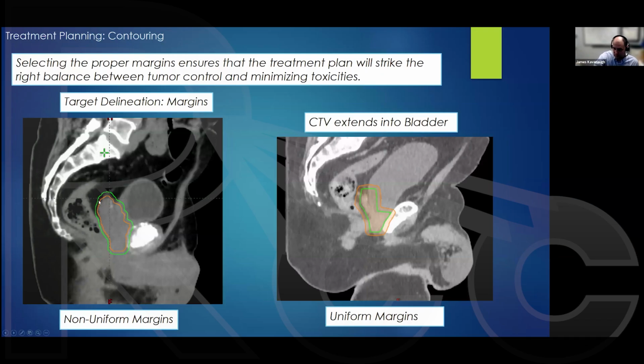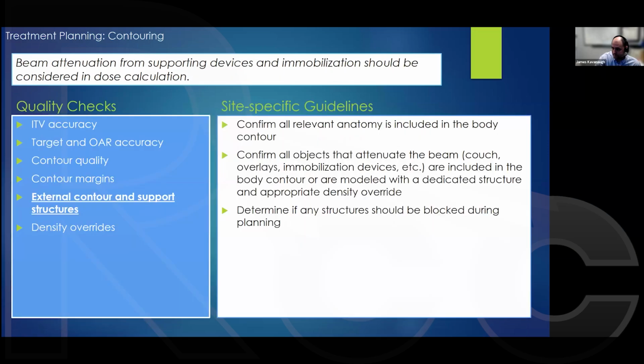In fact, in this case, it was only posterior that was a reduced margin, a thinner margin going from that orange CTV to the green PTV, a little bit larger margin in all other directions. You can have uniform margins though. This is the prostate bed, where it was 5 mm in all directions. So knowing what that should be, verifying that's done correctly is important.